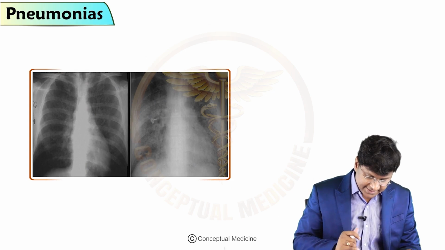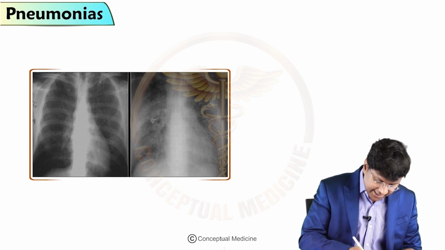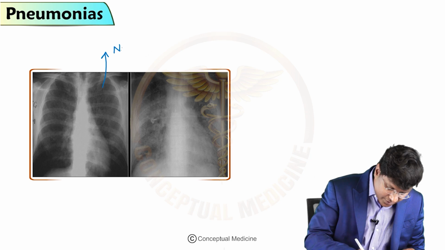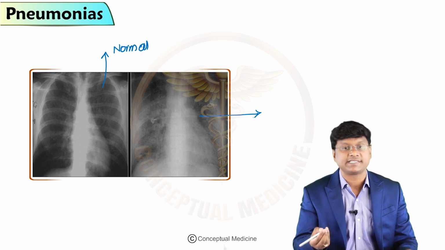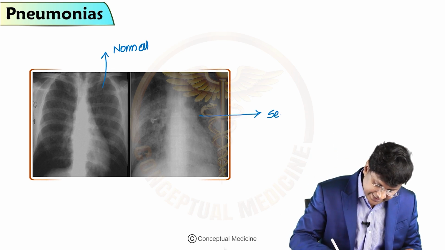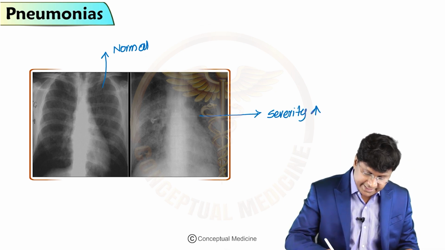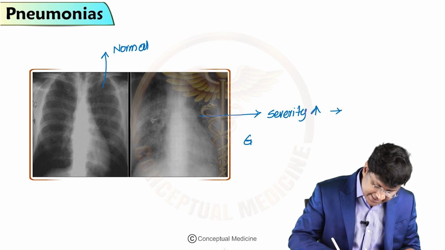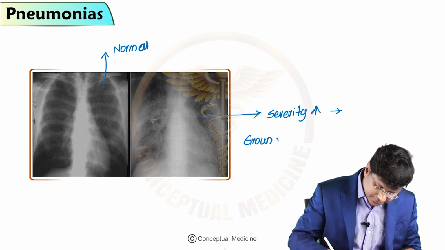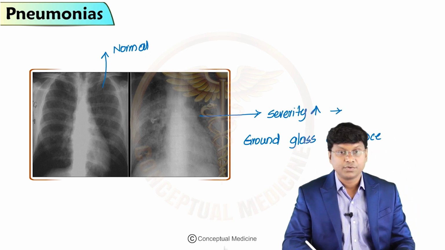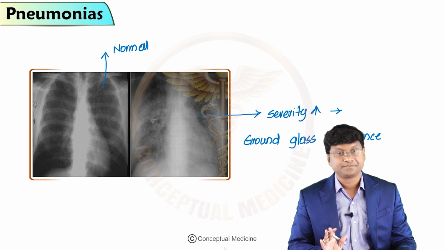Okay, and the chest X-ray. In early stages, the chest X-ray may be normal, but as the severity of the disease progresses, the individual develops a ground glass appearance. That will be the chest X-ray.